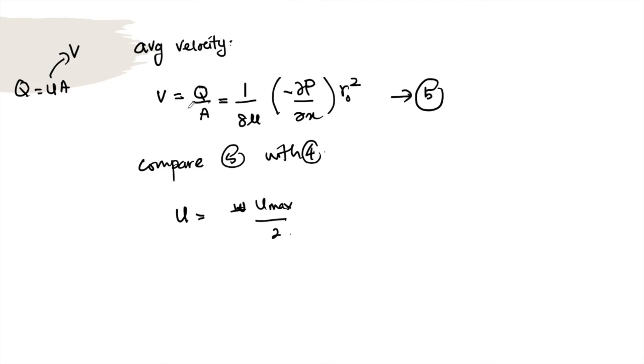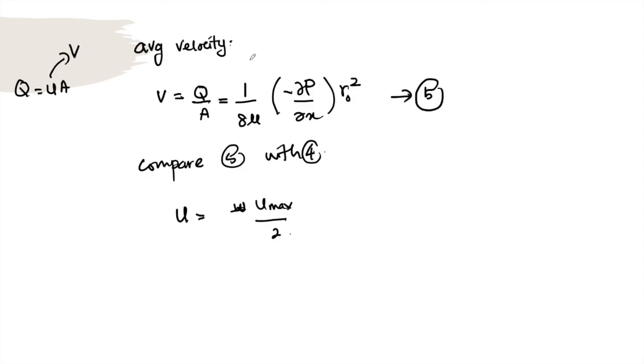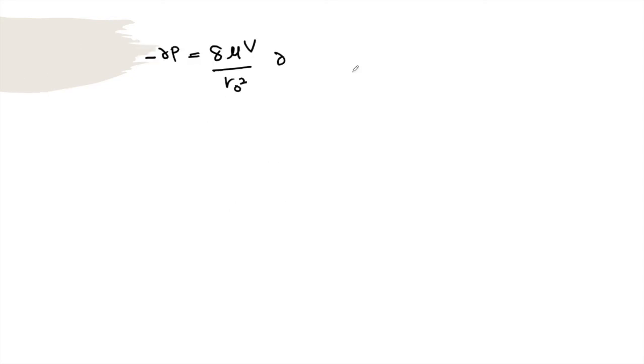From this equation, we will get negative del p equal to 8 mu v over r naught square, del x.